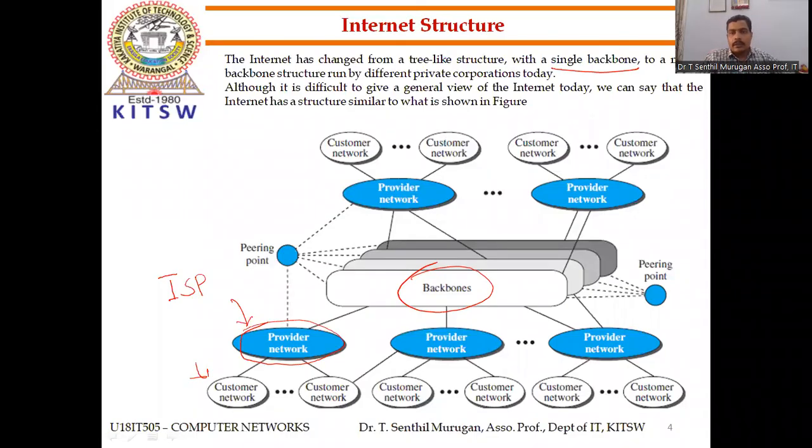This is the internet, which we already know about. The service providers have the backbones. The provider takes the internet from the backbone and provides it to the customer network. In between, peering points are connected to different backbones.